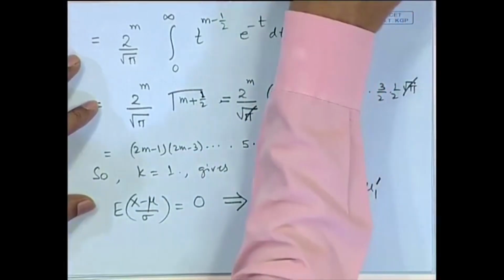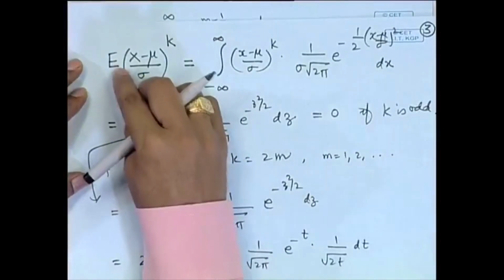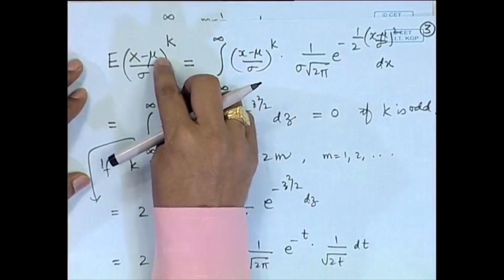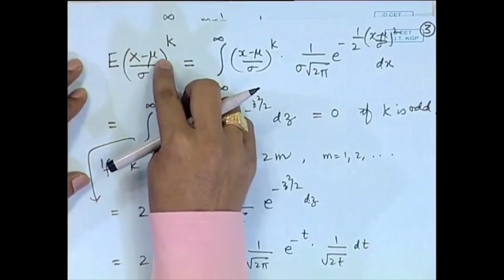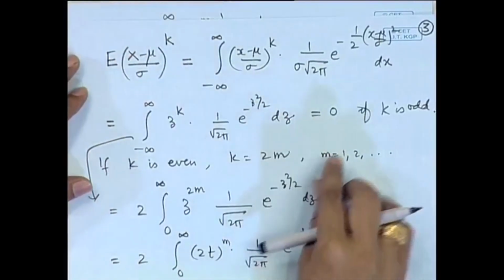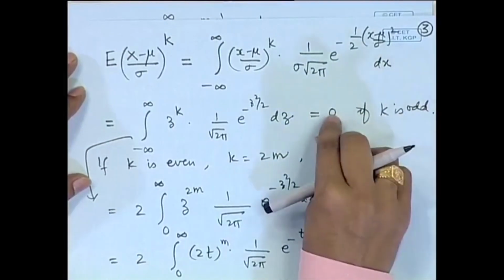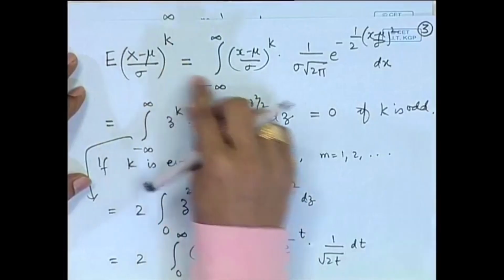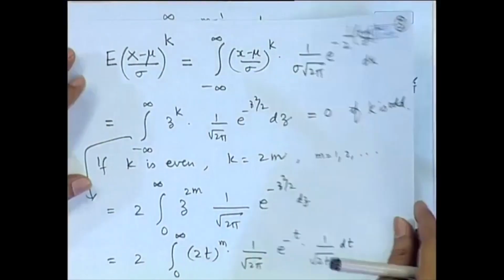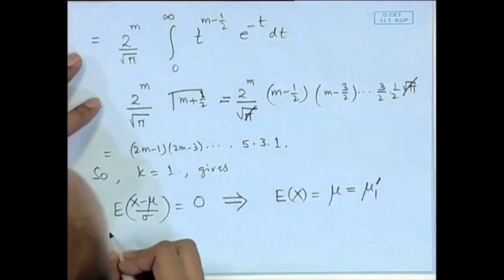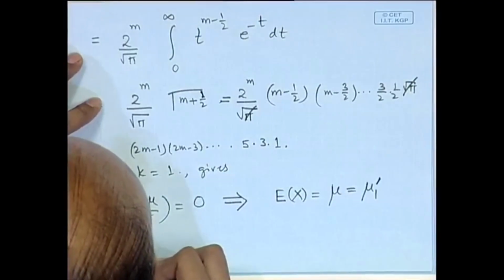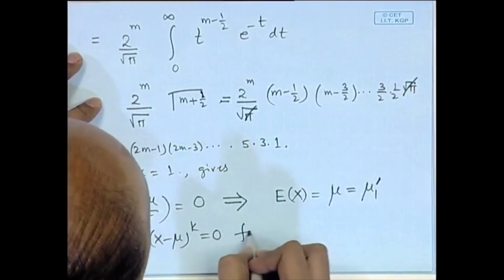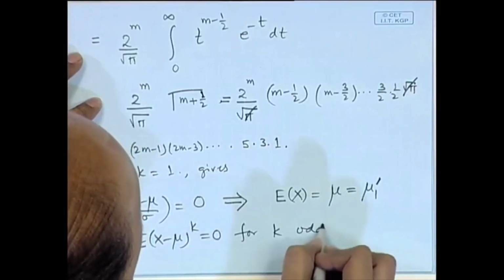Therefore, the terms expectation of (x minus mu) to the power k give us the central moments of the normal distribution. Now, we have already shown that if k is odd, this is 0. That means all odd ordered central moments of the normal distribution are 0. So, expectation of (x minus mu) to the power k is 0 for k odd.